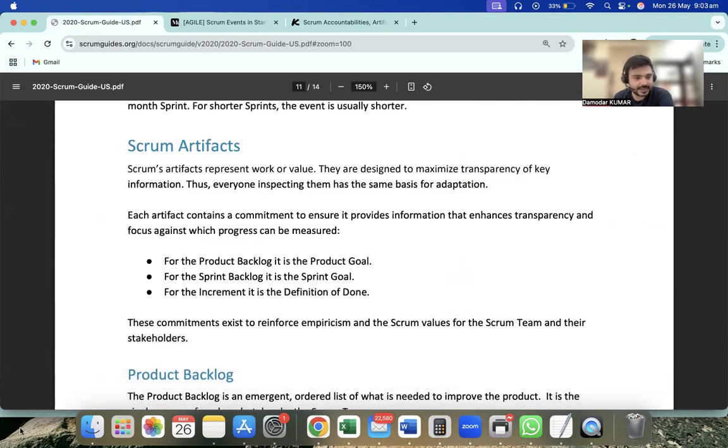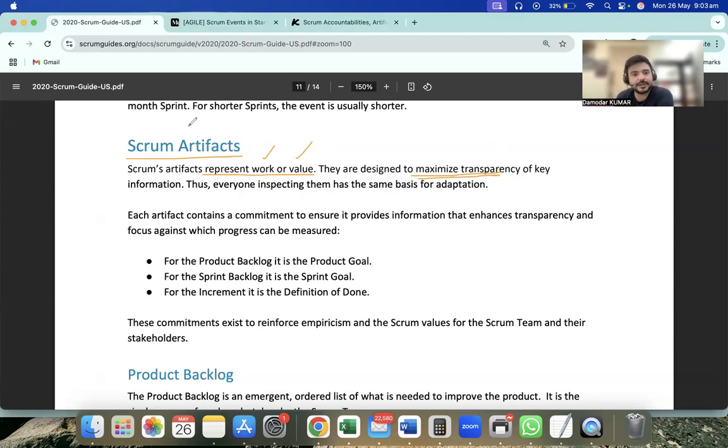If you were confused about what exactly artifacts mean, it means representing work or value, and they are designed to maximize transparency. Remember the three pillars: transparency, inspection, and adaptation.